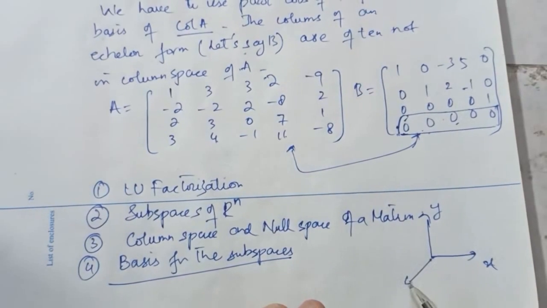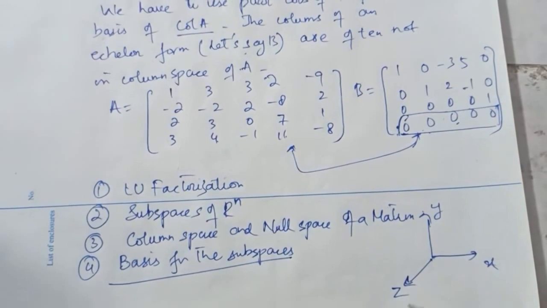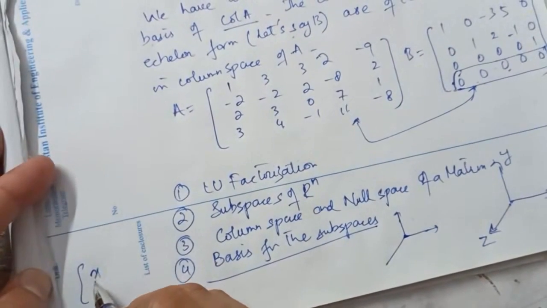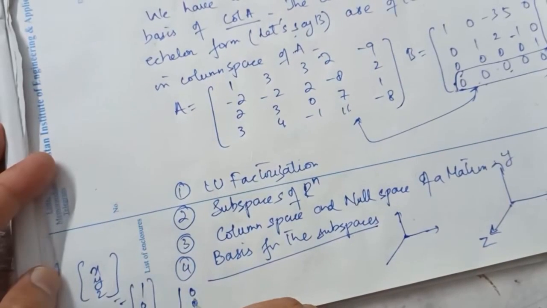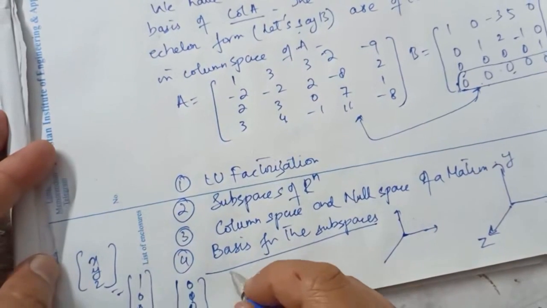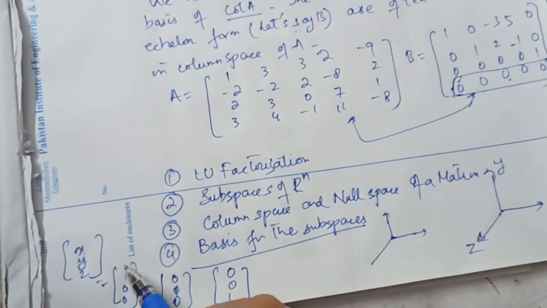Similarly, for a 3-dimensional space, x, y and z, so this is 1 0 0, 0 1 0, and 0 0 1, you can think of this as the basis for that space.